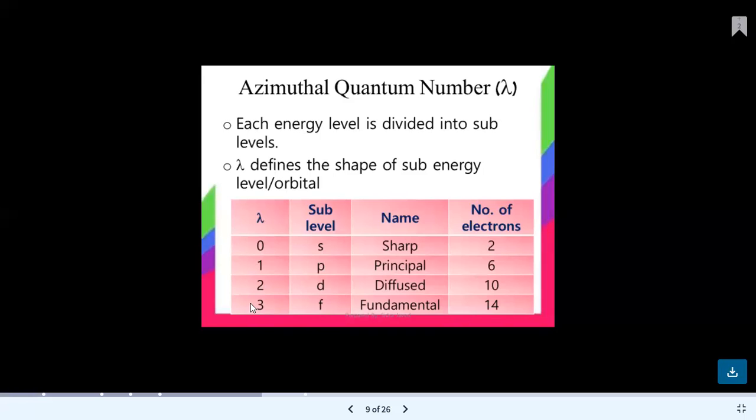So anytime you have an electron in P, the azimuthal quantum number, or L, or secondary quantum number, as they call it also, is going to be 1. If the electron is located in D, then it's going to be 2. If it's located in F, then it's going to be 3.